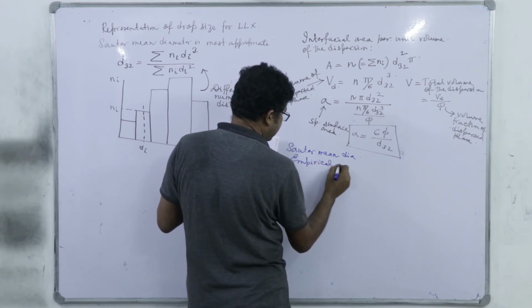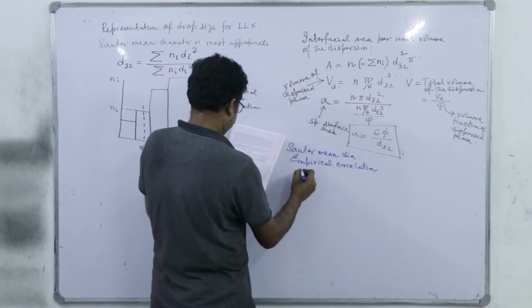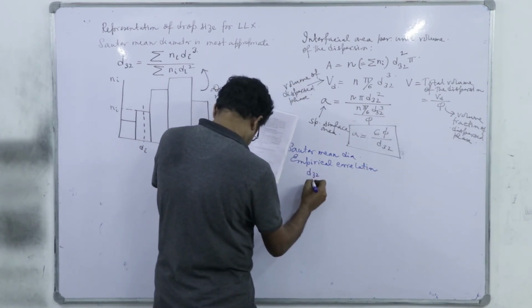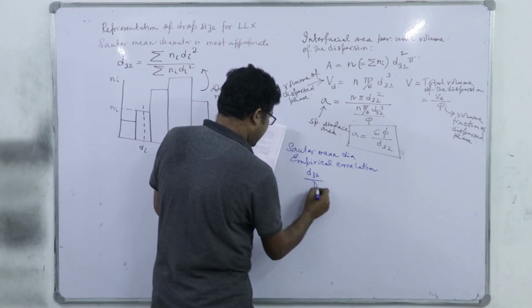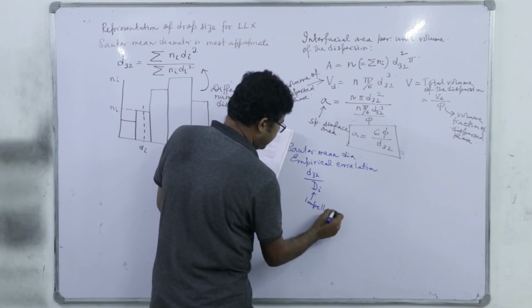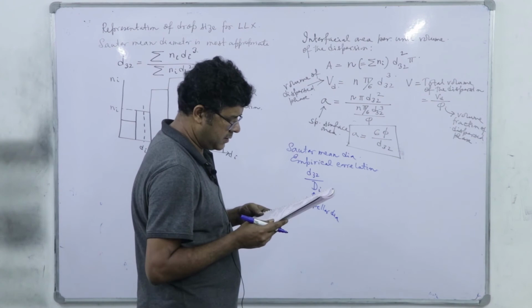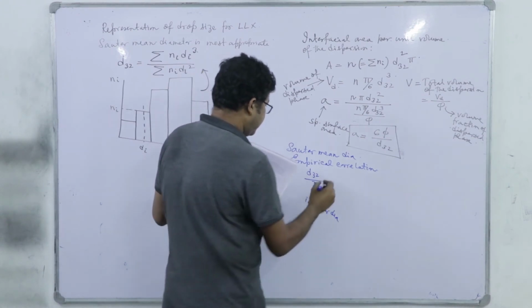Empirical correlation, which is d32 divided by di, that is the impeller diameter, and these relations are for this mixer settler.